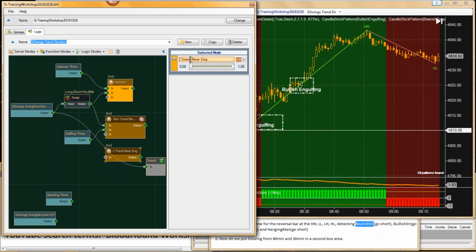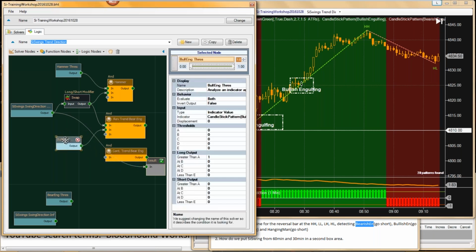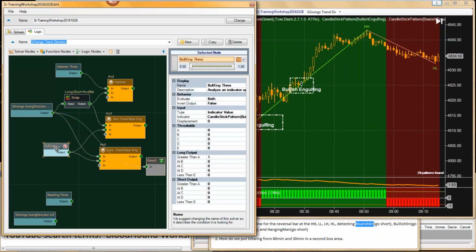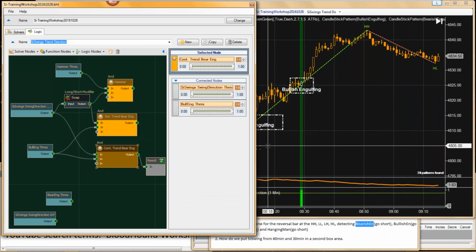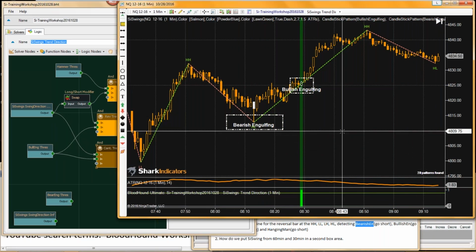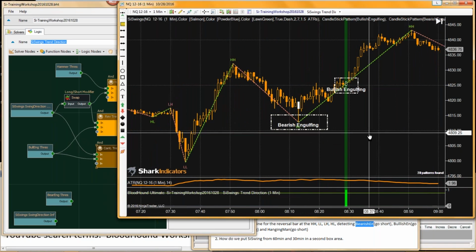So if we want, we can look for a continuation trend, bearish engulfing, like so. So there you go. That would be a continuation trend.